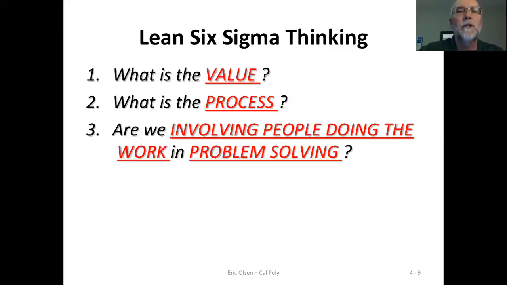And then the next question is, what's the process? What's the delivery method? How do we get value to the customer? What are the steps that go on? And then the last question is, are we involving people doing the work in the problem-solving process? In Lean, it's not lean unless the people are really involved in fixing it.